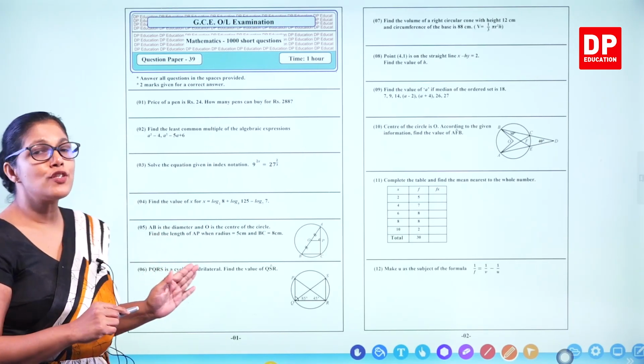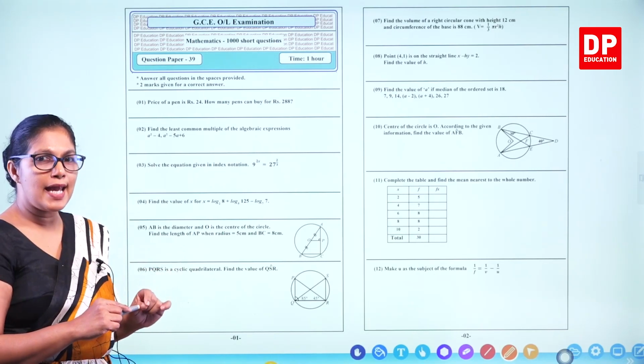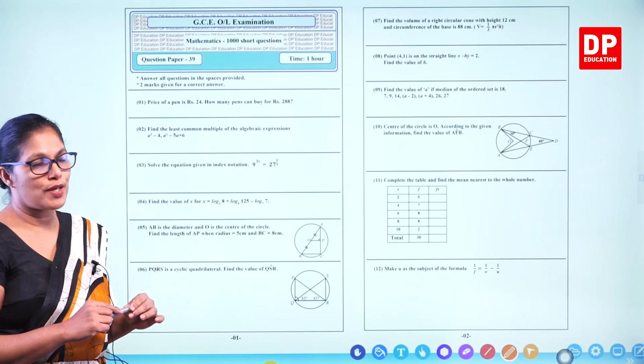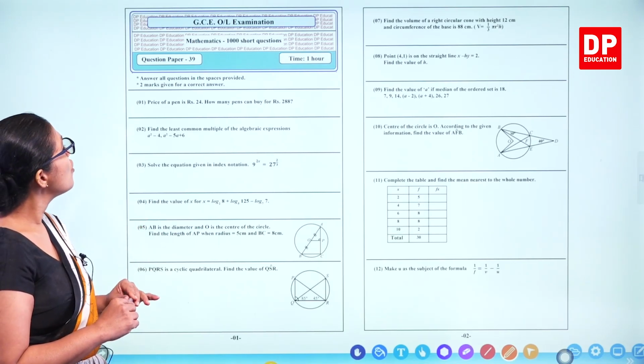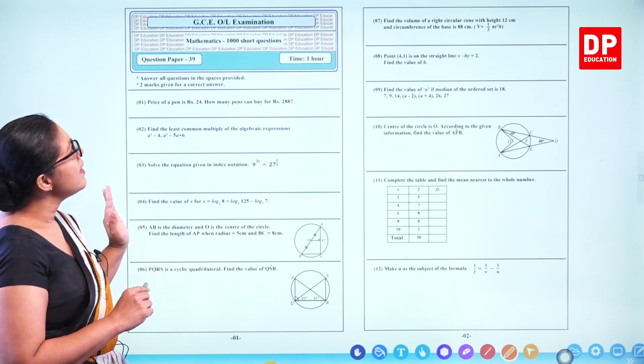This is similar to your O-Level exam paper 1 part A. You get 25 short questions, and spaces are provided where you can give answers.